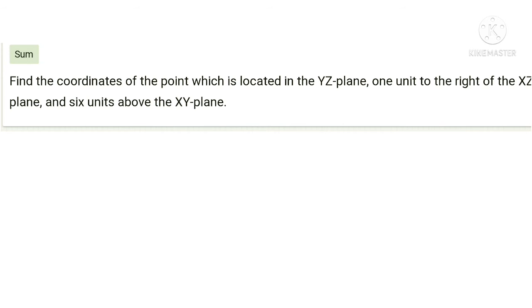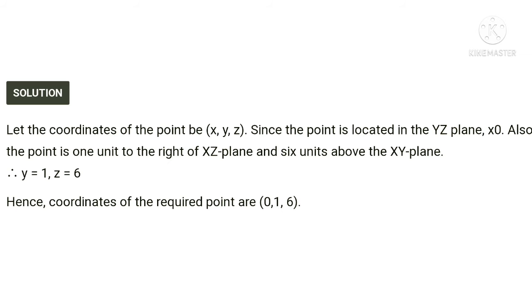Next, find the coordinates of the point which is located in the yz plane, 1 unit to the right of the xz plane and 6 units above the xy plane. See the solution. Let the coordinates of the point be x, y, z. Since the point is located in the yz plane, its x value is 0. Also, the point is 1 unit to the right of the xz plane and 6 units above the xy plane.